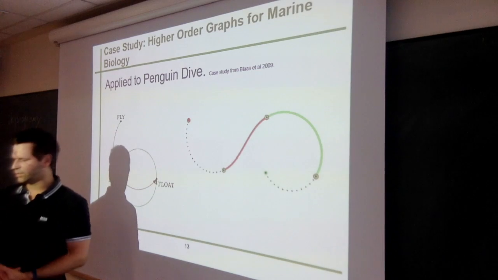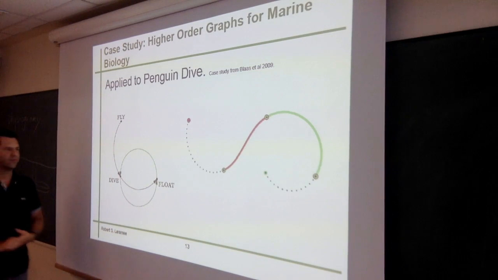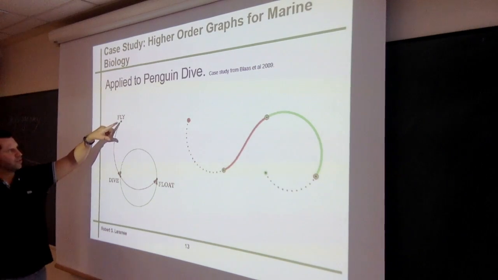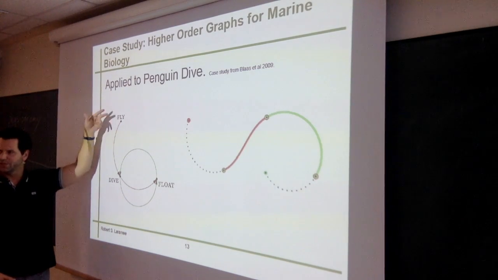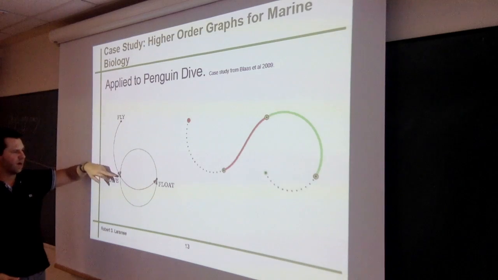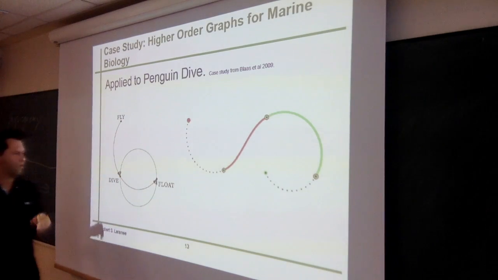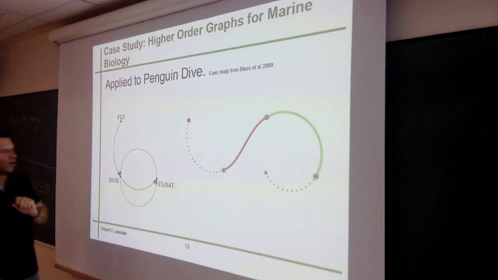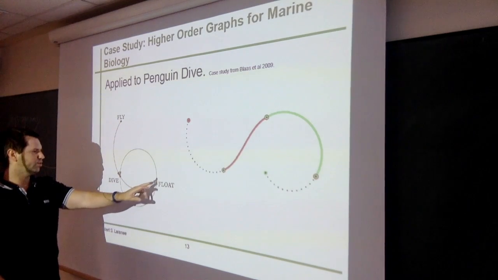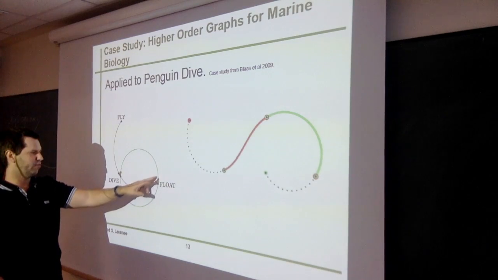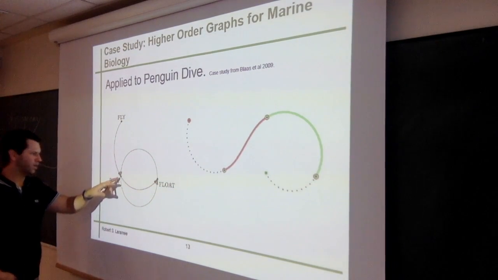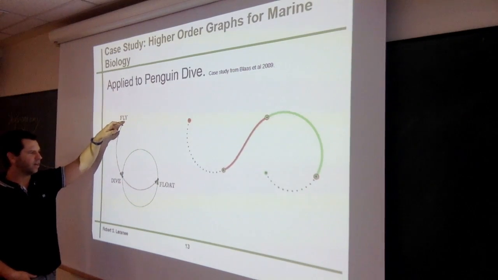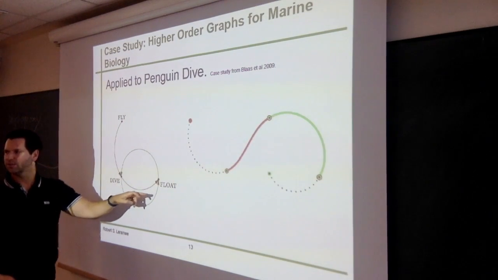And you can apply this to, for example, marine wildlife data, right? If each node represents a behavioral state, in this case flying, diving, and floating, if we just had straight edges, we might not know, given a float, if an animal was floating, it could have been diving prior to the float, or it could have been flying prior to the float.